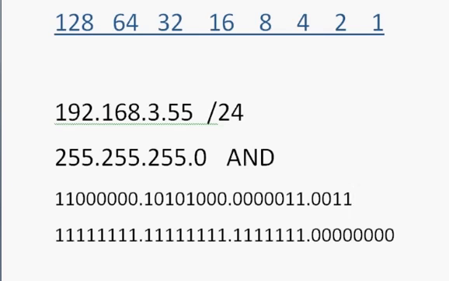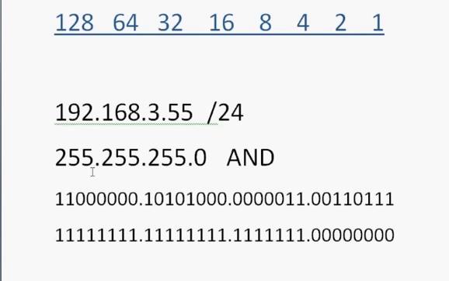And so then I'll need the rest here. And that's 55. Let's count it up and see if I did that correctly. 32 plus 16 is 48, that's 52, 54, and 55. That's correct. So here we have the number 192.168.3.55.